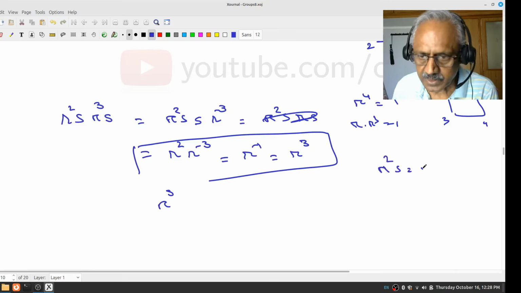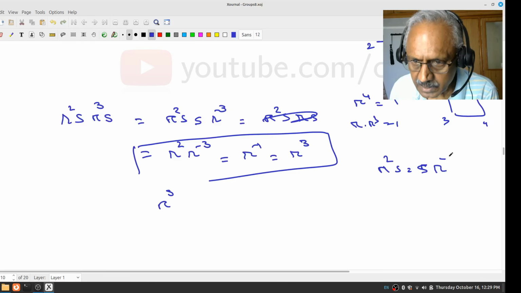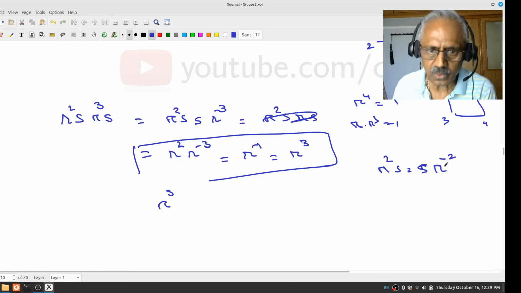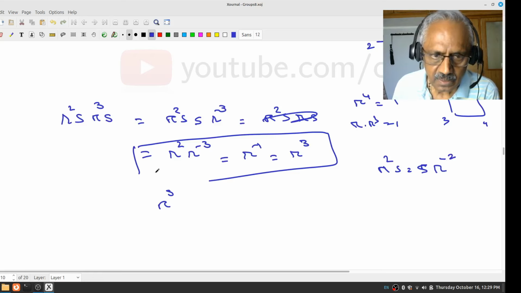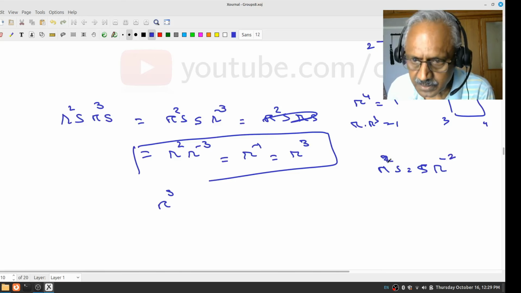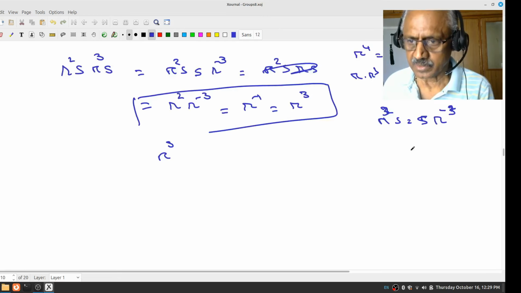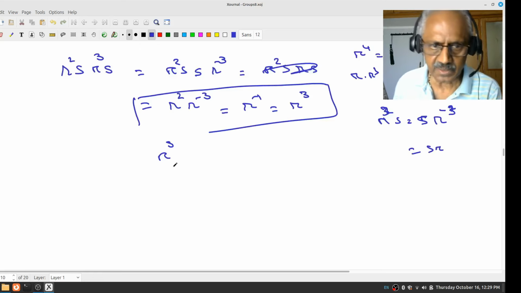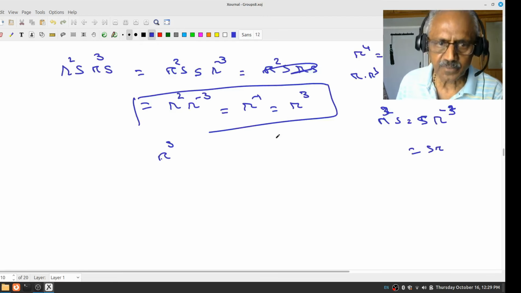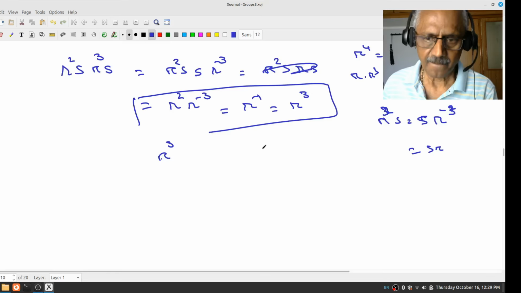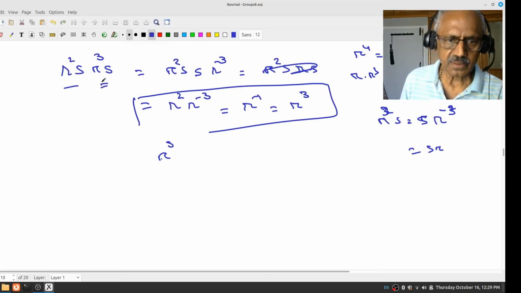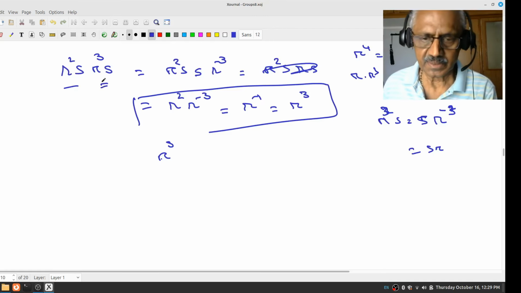R squared s is s into r to the power minus 2. Oh, see, it is r cubed, sorry, r cubed is s to the minus 3, right? So inverse of this is s into r. That's correct. Therefore, it's r cubed. So r squared s into r cubed s is this.